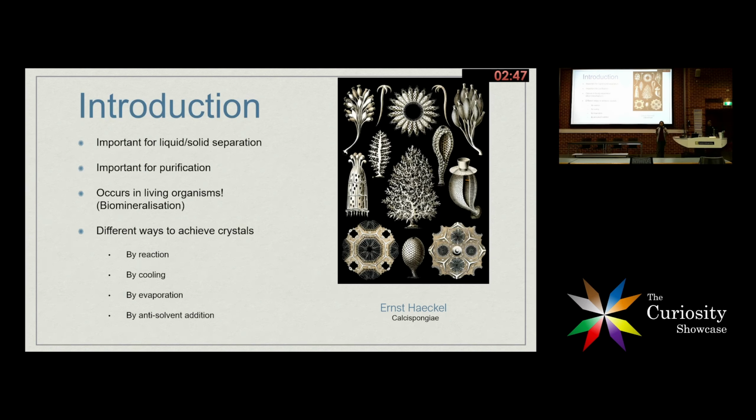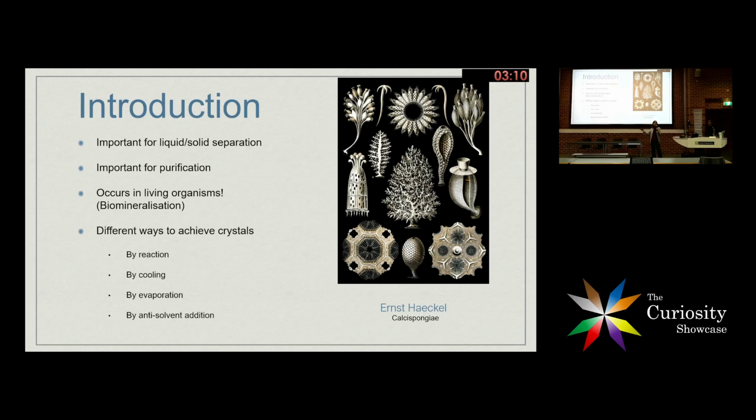Now, in the lab, there's 4 common ways to actually form minerals, crystals. You can get 2 solutions which contain soluble species, mix them together, and you get a solid precipitate forming. So that's crystallization through reaction.